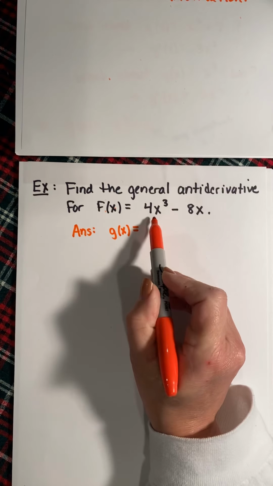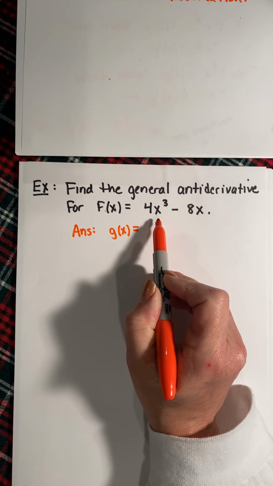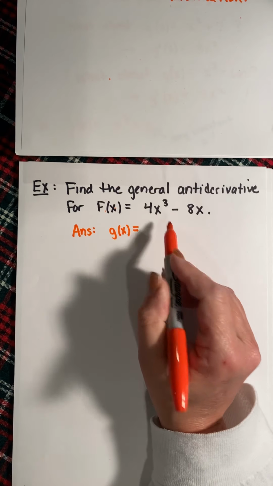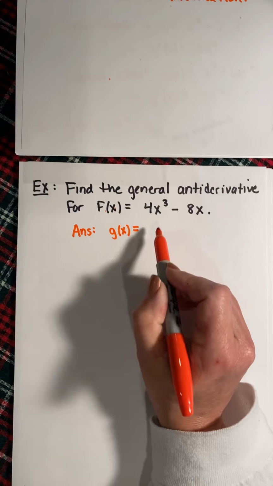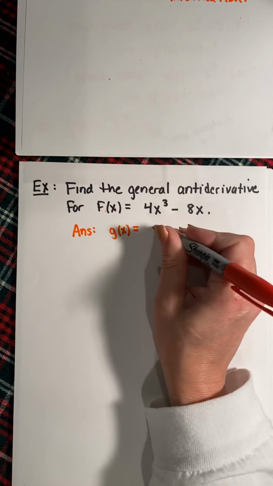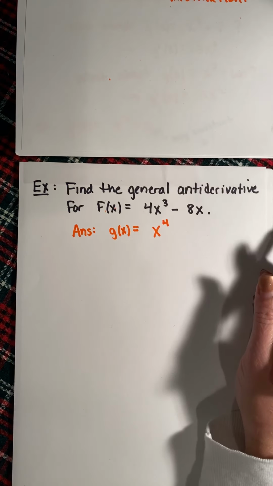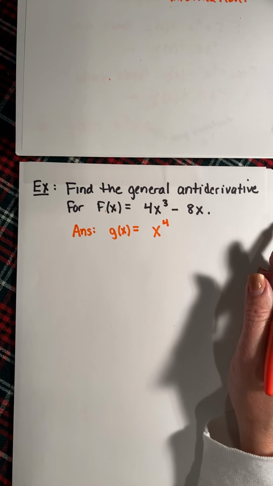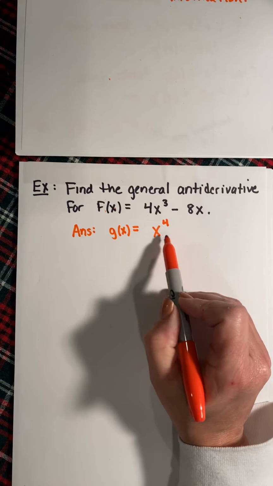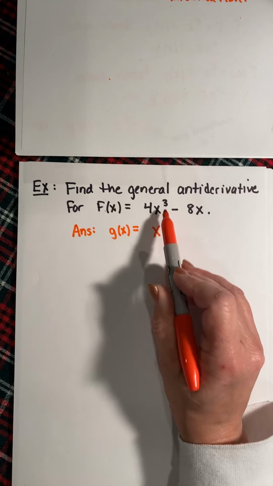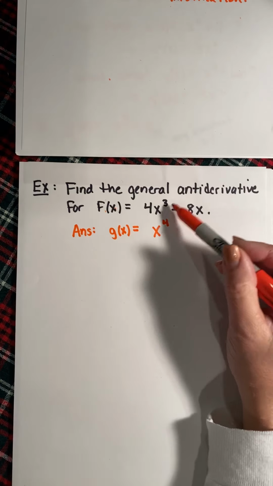So I need to find a function whose derivative is 4x cubed. So thinking backwards, we need a function such that when we bring the power out front and drop the power by 1, this is the final result. And this just comes more naturally the more practice you do. So we think about x to the 4th: we bring the power out front, drop the power by 1. That would give me the derivative 4x cubed.